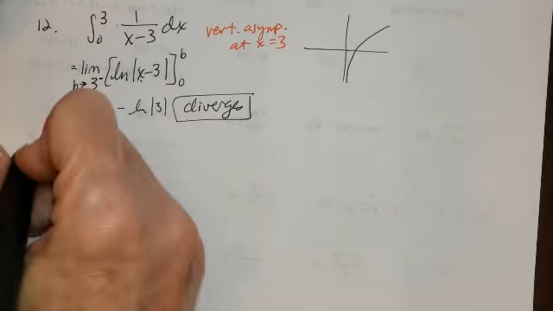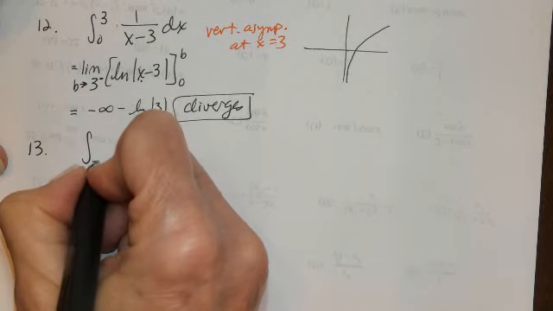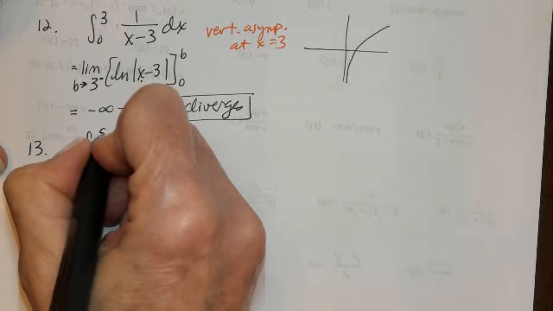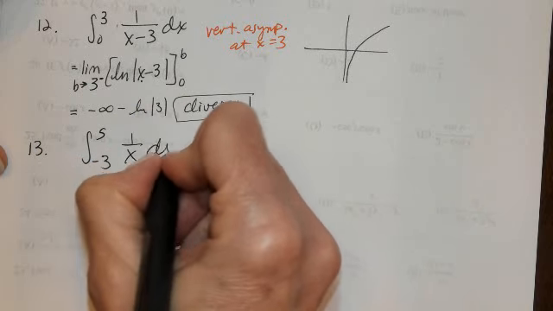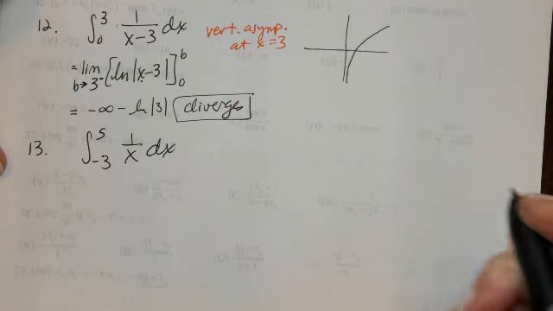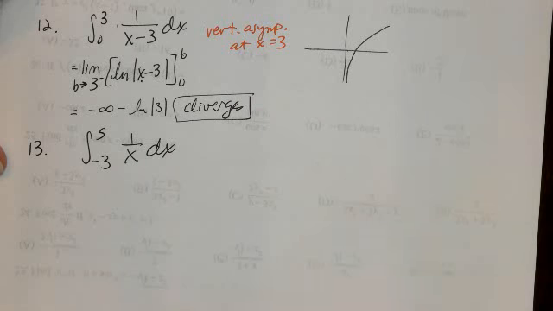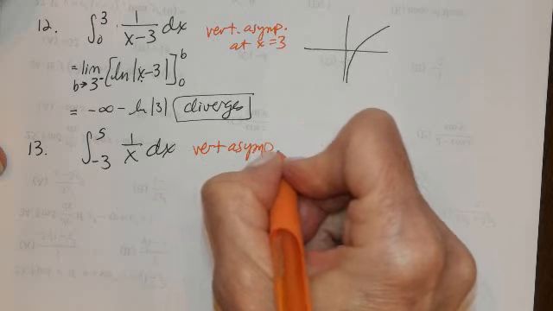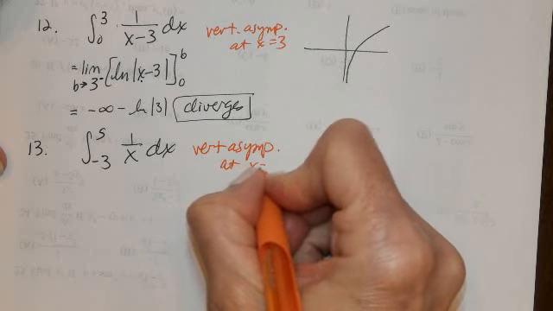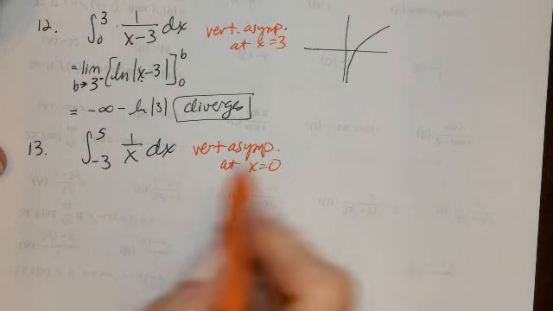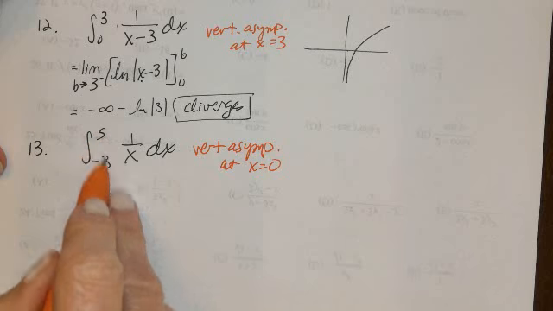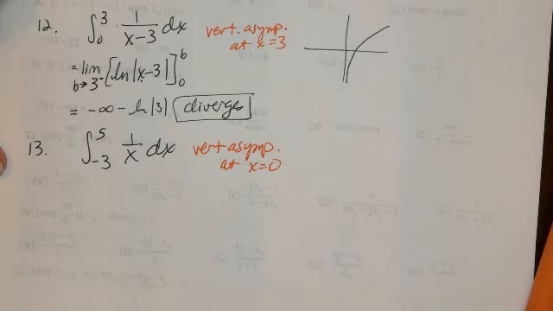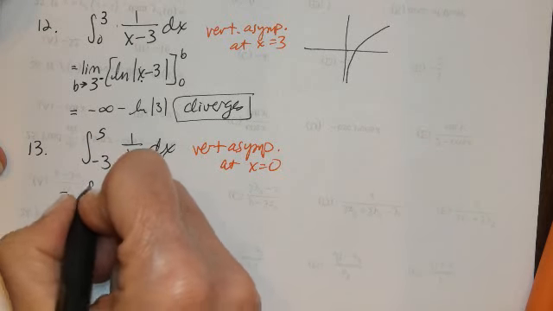Okay, one more. Negative 3 to 5. Okay, why is this one here? Well, we have a vertical asymptote at x equals 0 this time. And 0 is inside of our boundaries here. So we need to split this up into 2 pieces.